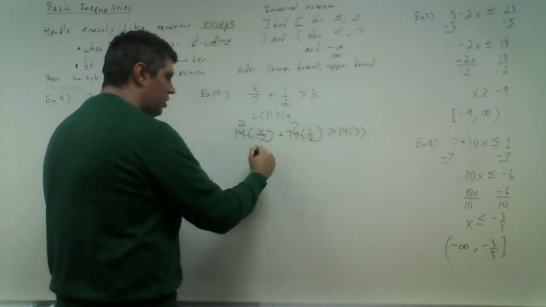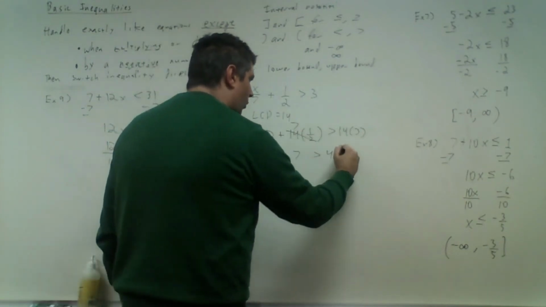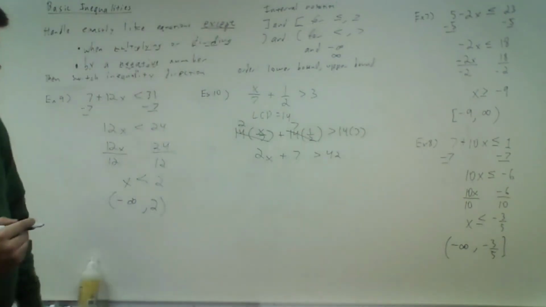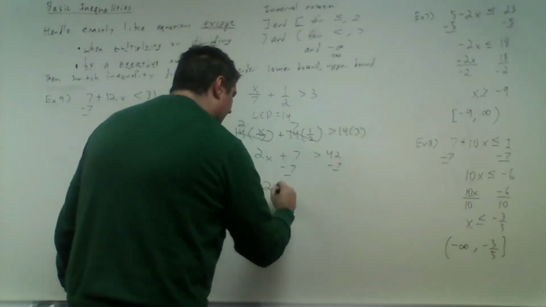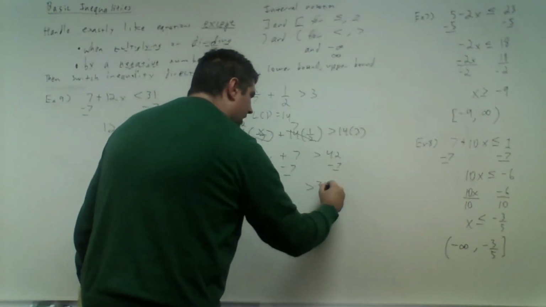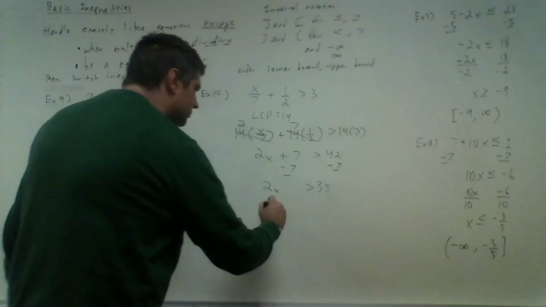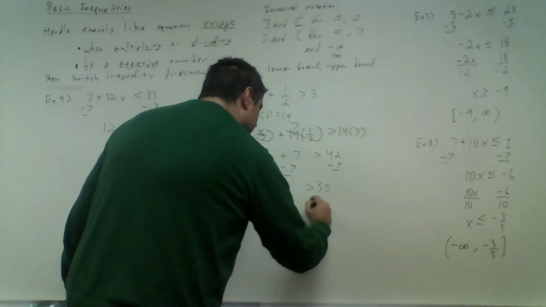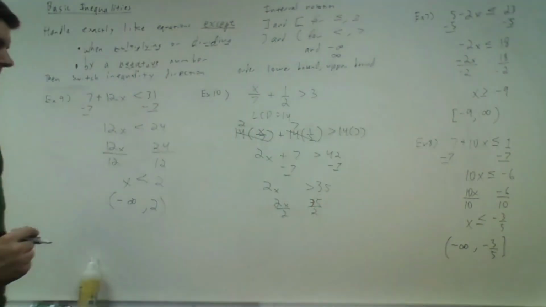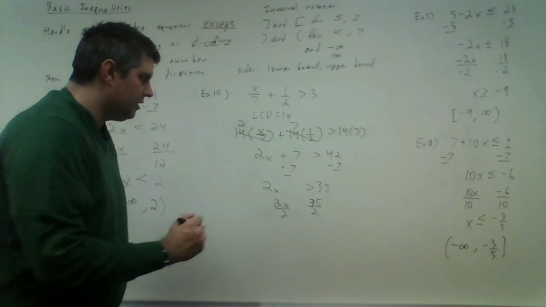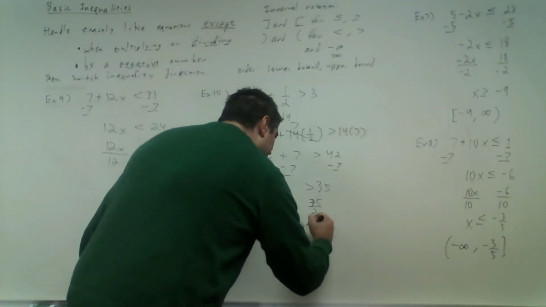And that gives me 2x plus 7 is greater than 42. Subtract your 7, and 2x is greater than 35. Divide off your 2. Now, I didn't divide by a negative, so x is still greater than 35 halves.